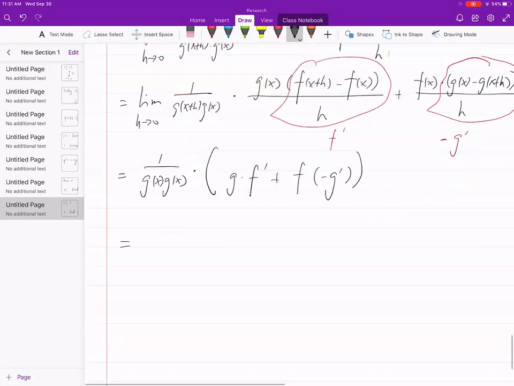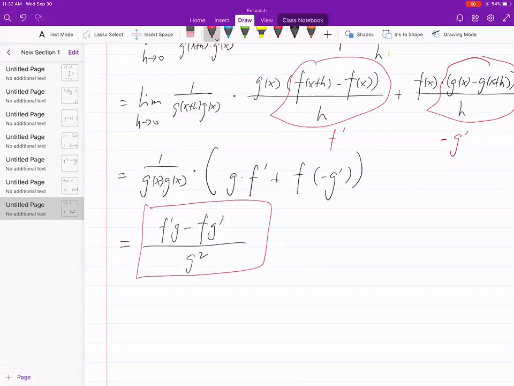Now, if we clean everything up, it will look like this. That's it. That's the quotient rule. It looks weird, but we followed the difference quotient. We should trust it.